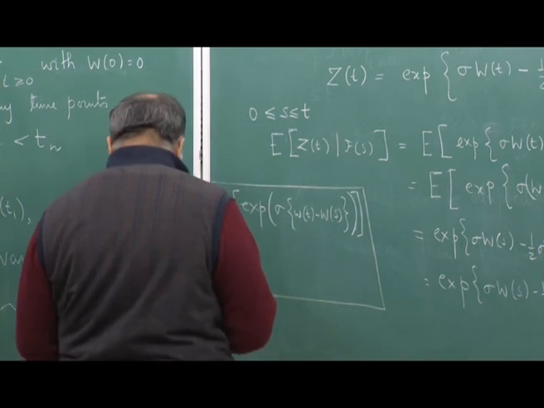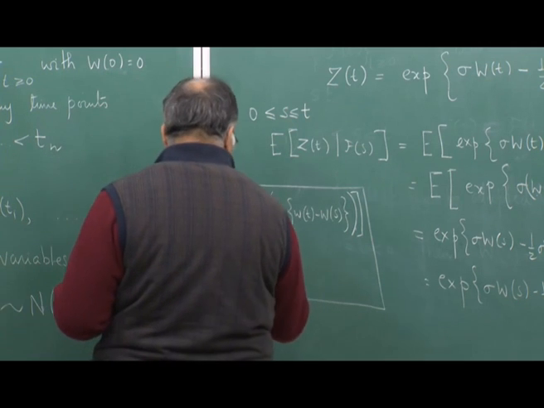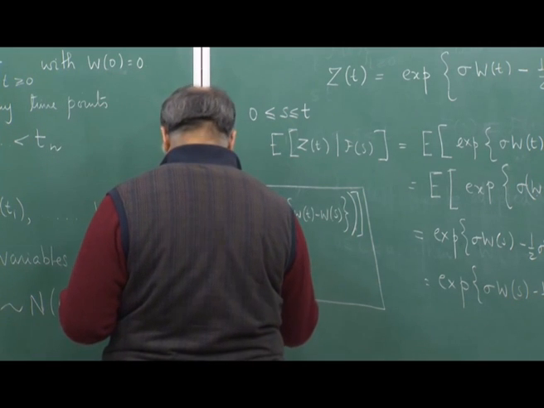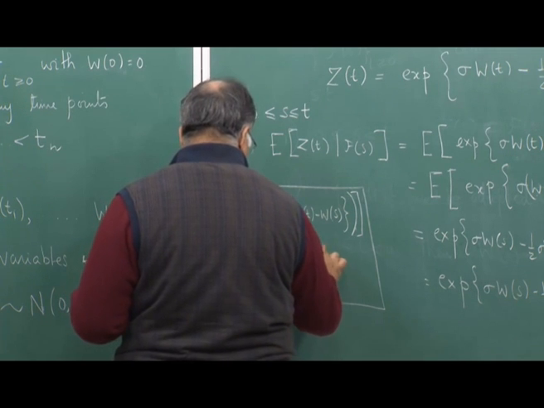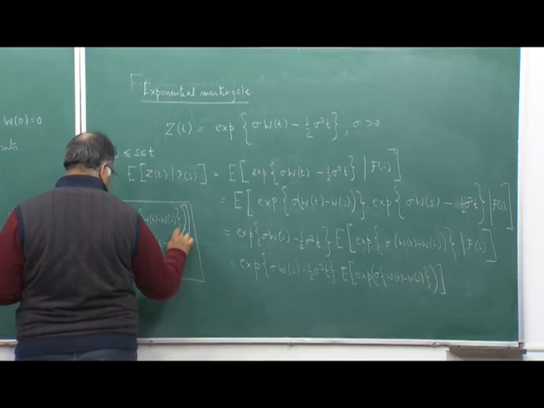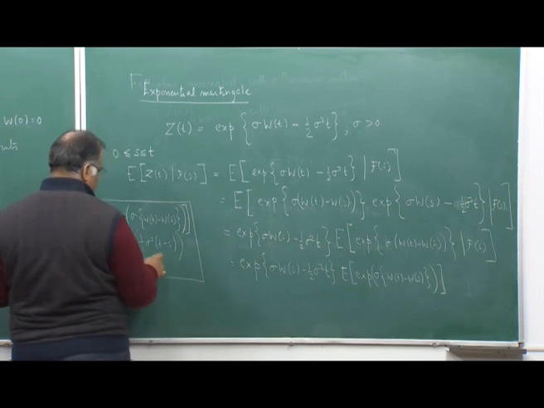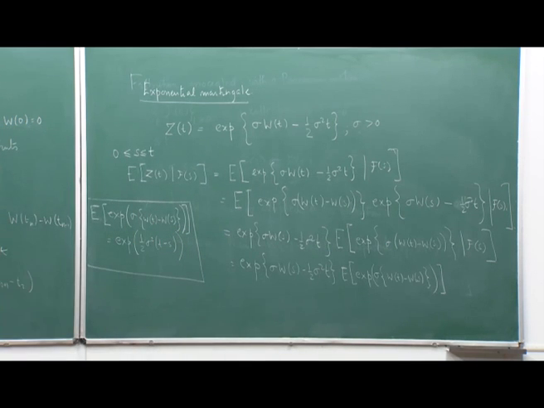This is equal to exponential of half sigma square t minus s. Okay, so this is what you will have, that is the answer.